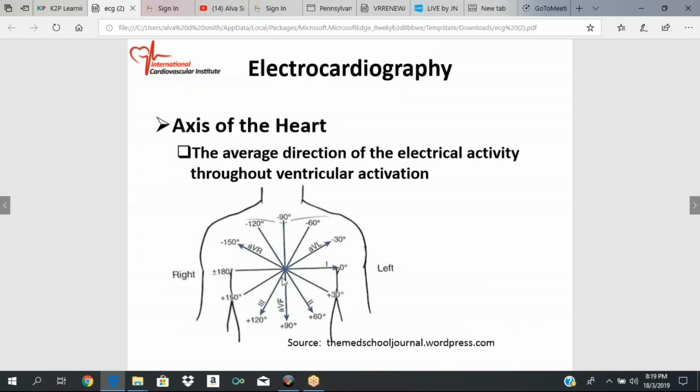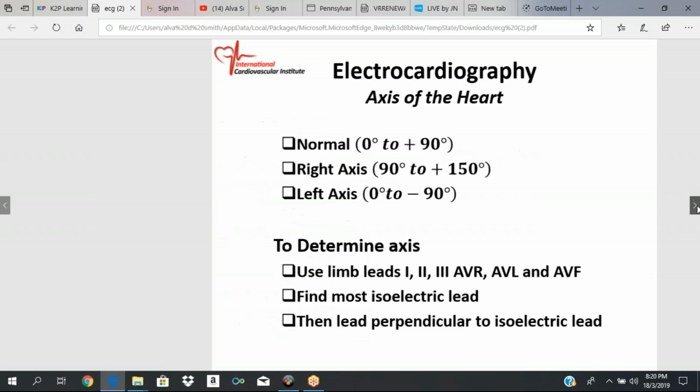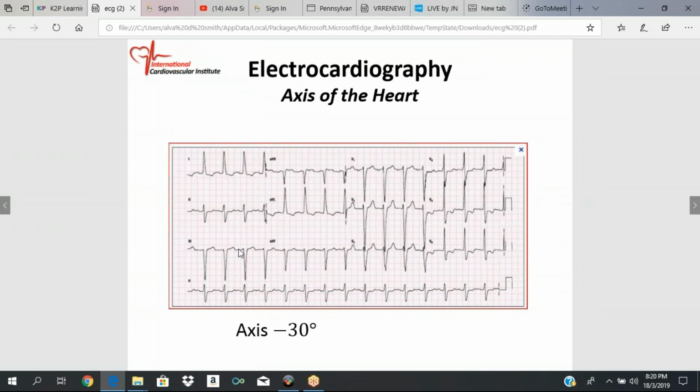When we say perpendicular, we mean 90 degrees. The lead that is 90 degrees to that is AVL. You can see that this angle is 90 degrees, so AVL is perpendicular to lead 2. If you had your cheat sheet, you don't have to go back and forth. Lead 2 is the most isoelectric.